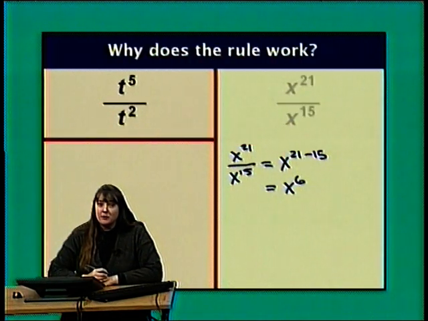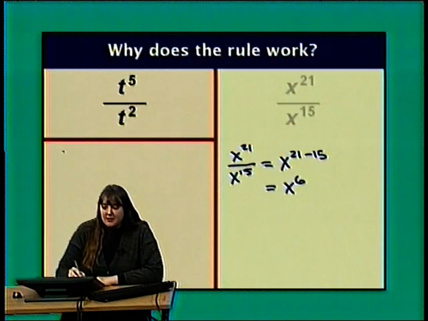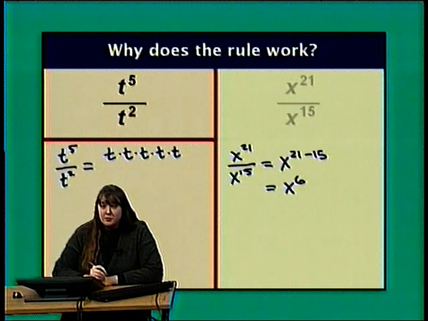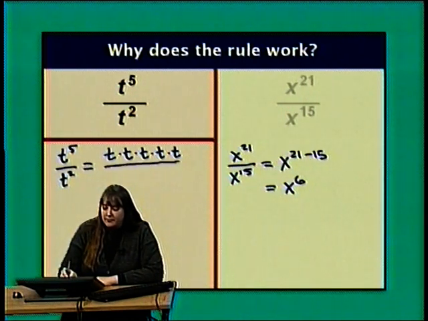Let's think about why this rule works. If I have t to the 5th over t squared, what I have here is 5 factors of t in the numerator and 2 factors of t in the denominator.